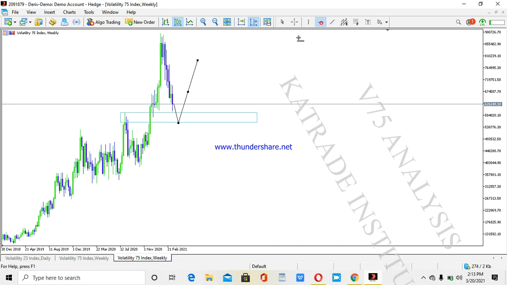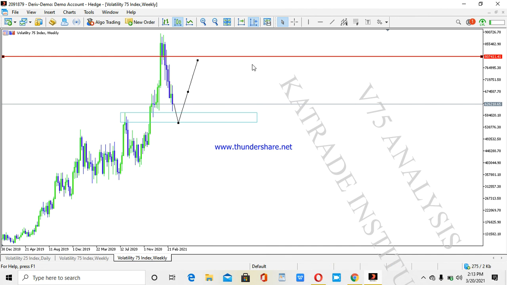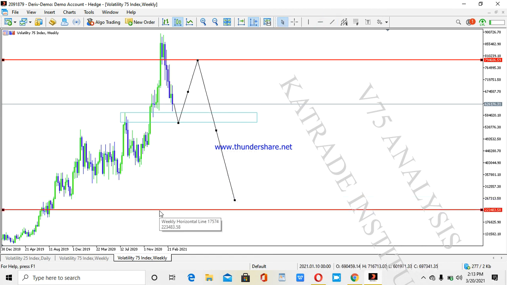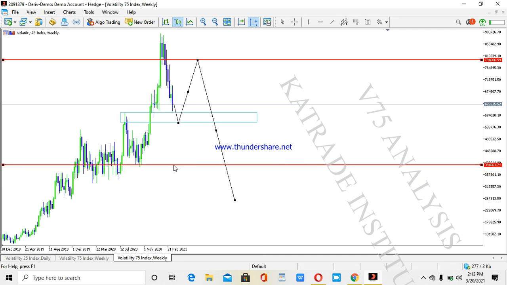It may push to the upside and collect some liquidity around here, or it will give us a double top before the down move, before we get a breakout around this area. Or we will get a breakout here because there will be a neckline here, then we have a retest here, then continuation to the downside.